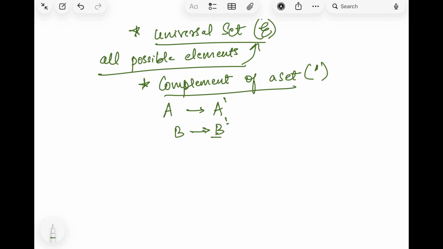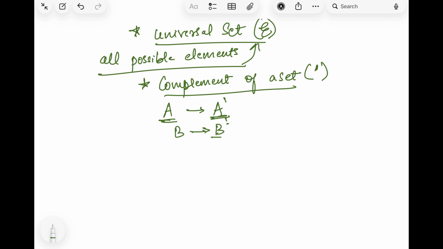Now what does this complement mean? If I write set A, you will write all the elements of the given set A. But if A dash is given, we have to be very clear.